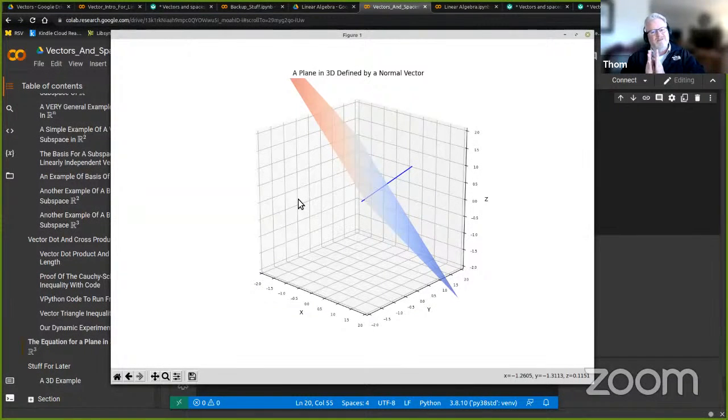When they equal, that means theta is 0 and cosine theta is 1.